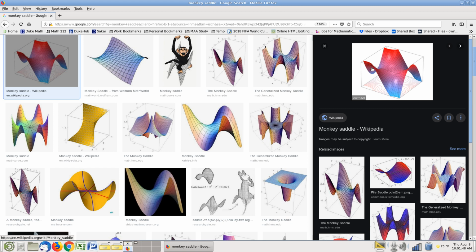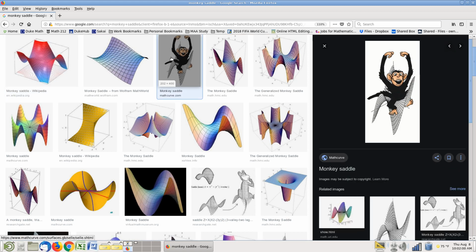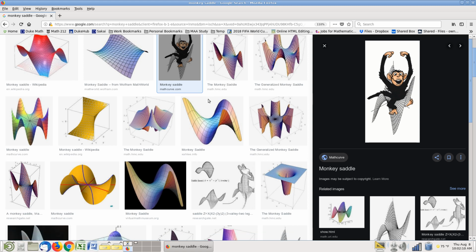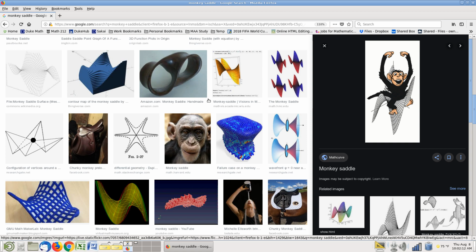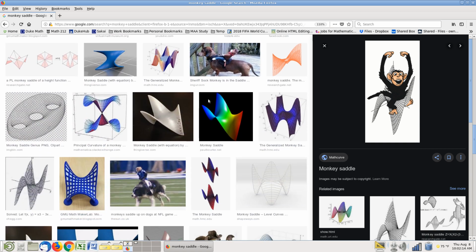A regular saddle slopes down in 2 different directions because you've got 2 legs and you need it to slope down for your left leg and for your right leg. The monkey needs a 3rd spot for his tail to slope down, right? And then somewhere down here, you scroll down, and someone has actually put a little monkey on a saddle, on a dog. I've forgotten where it is. Oh, yeah. Well, that's not.